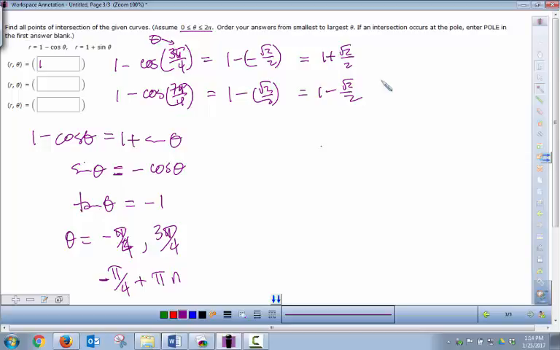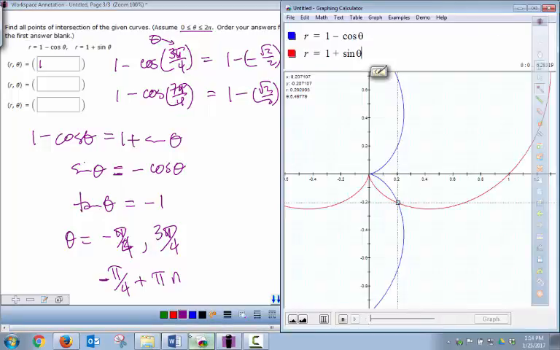Now, based on our analysis, we only saw 2 intersections, right? We got 2 angles. And then if we look at the graph, we saw that there might be a third one, and that's at 0, 0.